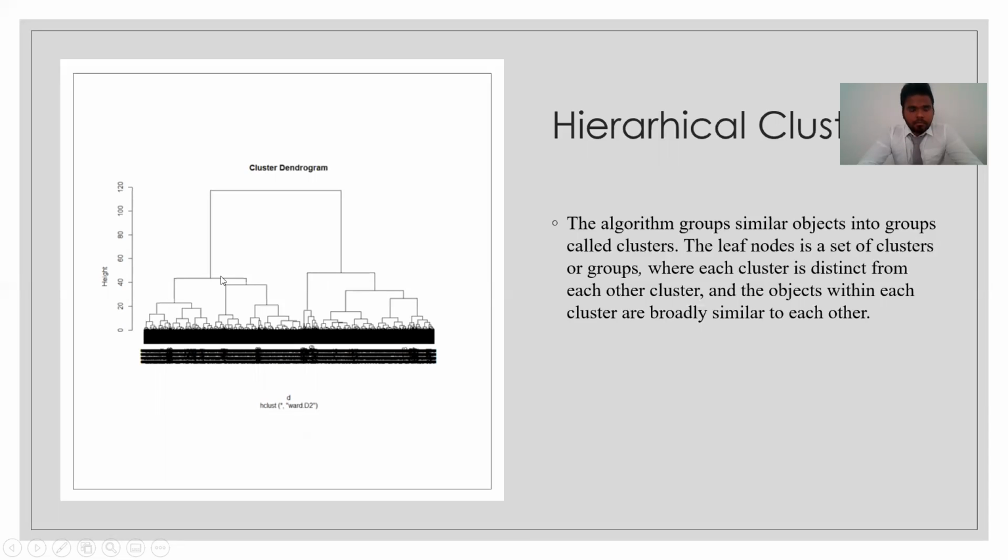But what I get as insight from here is that maybe this set of customers are above average contribution, and these are below average customers who contribute to the store. So maybe these are underperforming customers in the store, and these are above average performing customers. This is my observation in the cluster dendrogram.